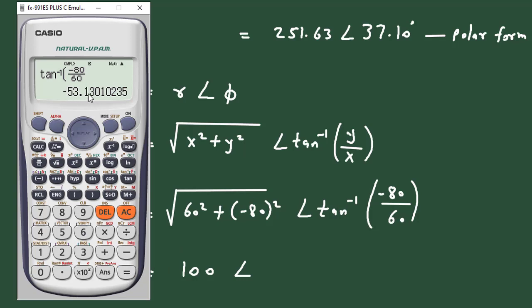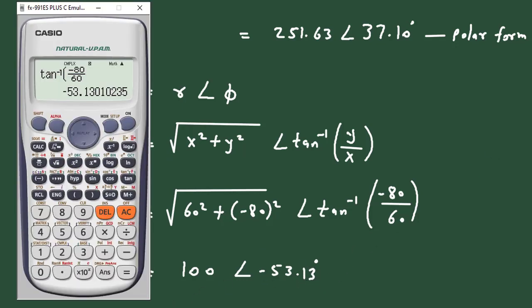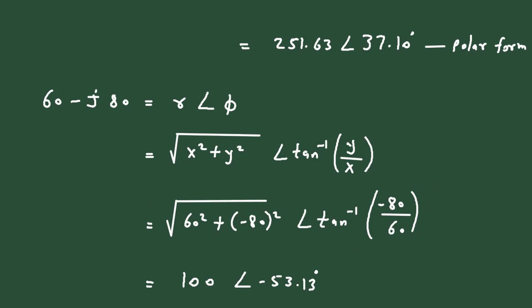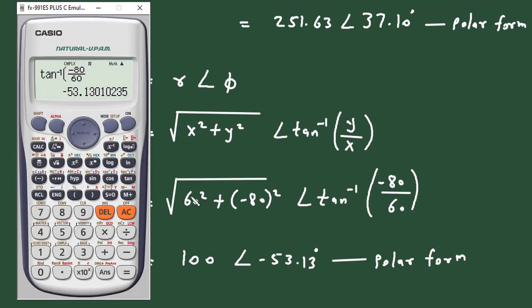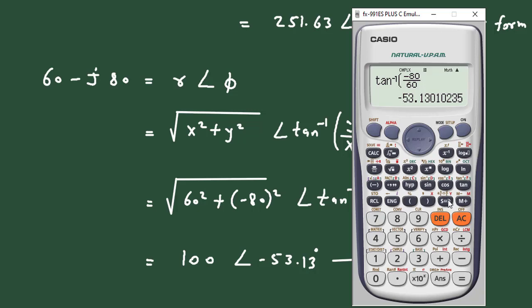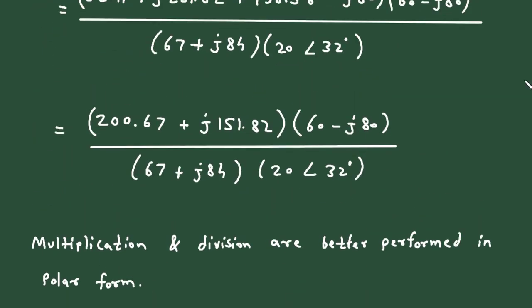So it is minus 53.13 degree. So again this is in polar form. Let's verify our answer in calculator. 60 minus I into 80. So shift 2, 3. So it is 100 at an angle minus 53.13 degree. So hence we got our answer.